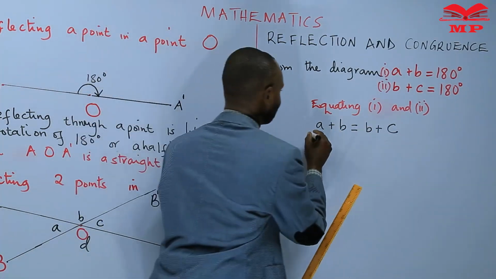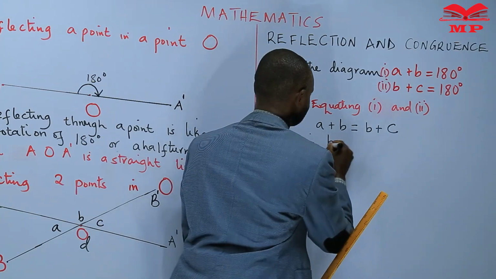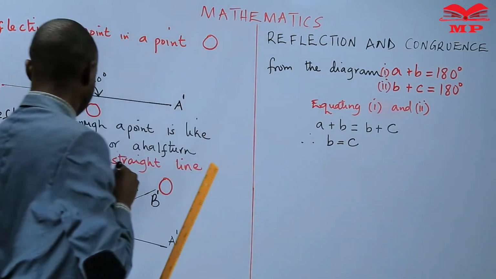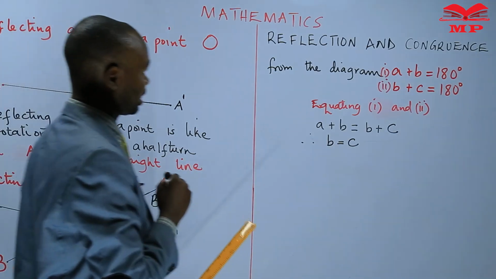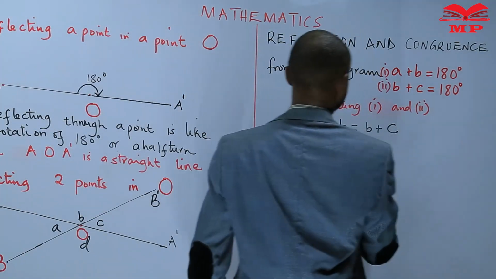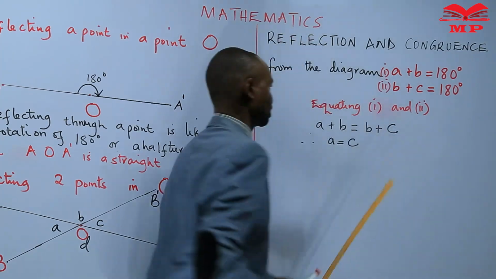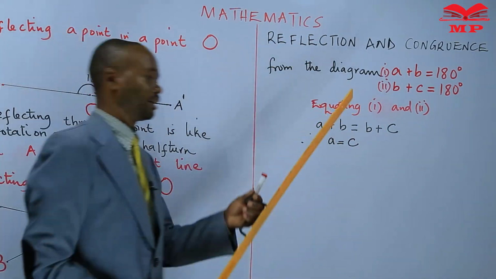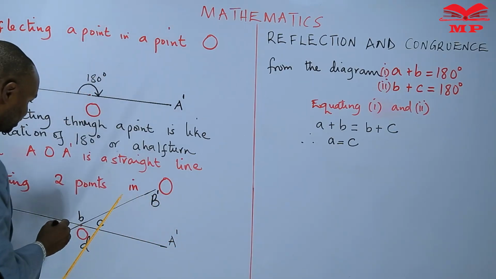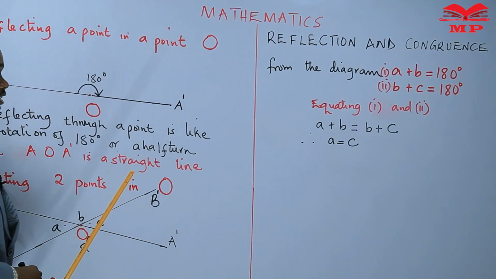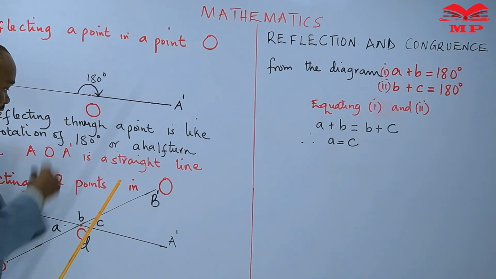Therefore, we get A is equal to C. This angle and this one are equal, and they are vertically opposite angles.